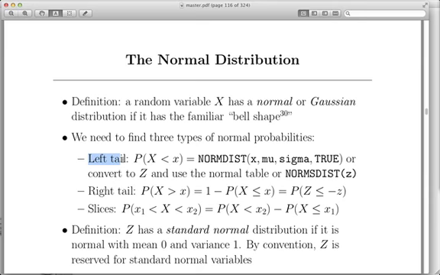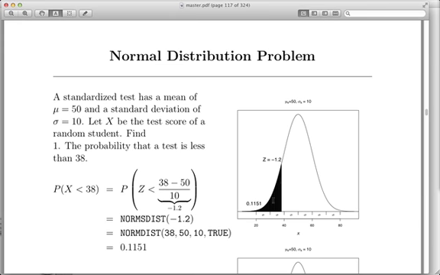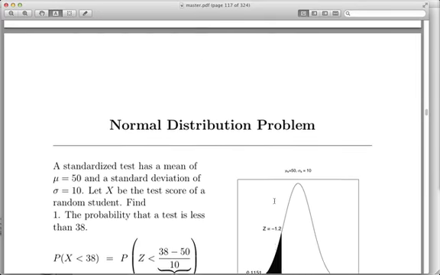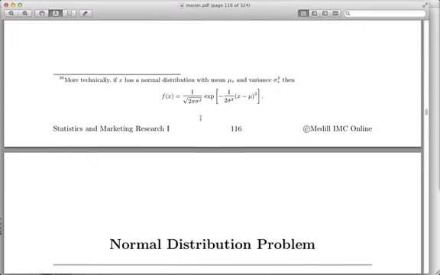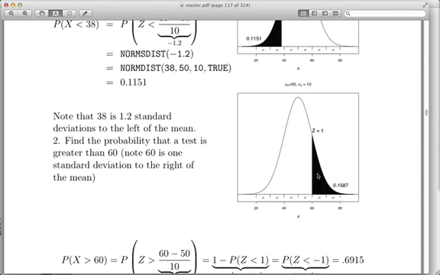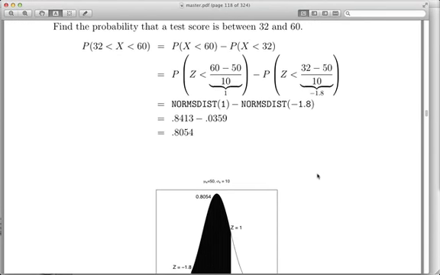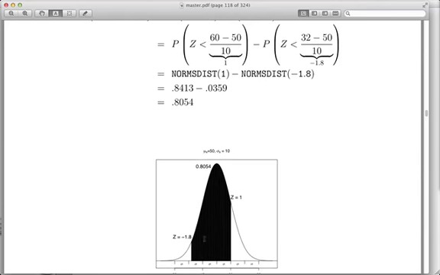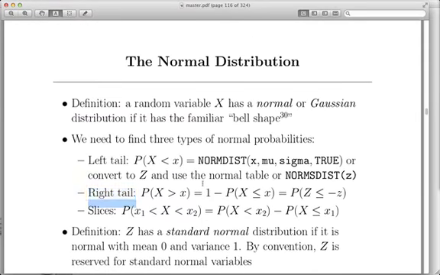To give you a slightly more concrete example, if we want to find the area in this tail, that would be an example of finding a left tail. Secondly, we might want to find the area in the right tail. So if we go down a little bit further, here's an example of the right tail. The third type of probability that we may want to find is what I call a slice in the middle. So this is an example of a slice in the middle. The lecture on the normal curve today amounts to showing us how to find these three types of probabilities.